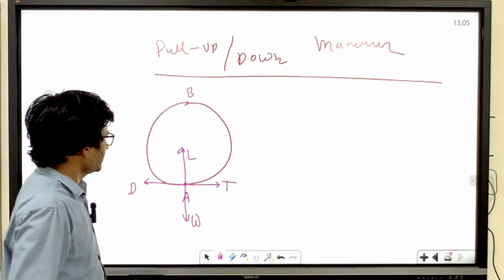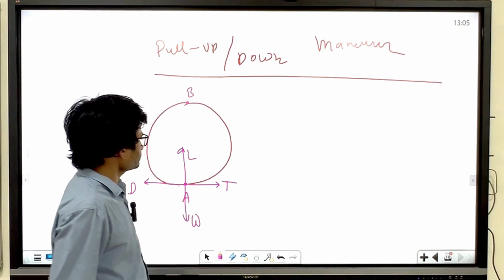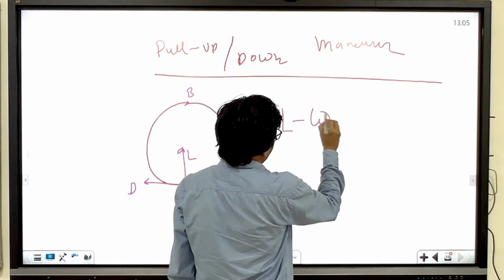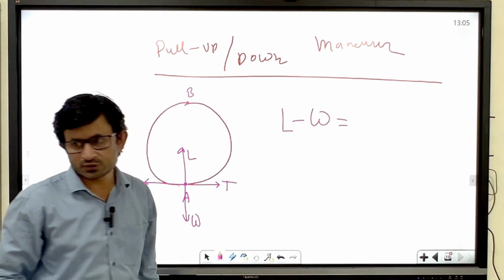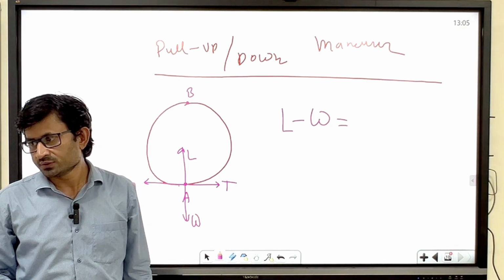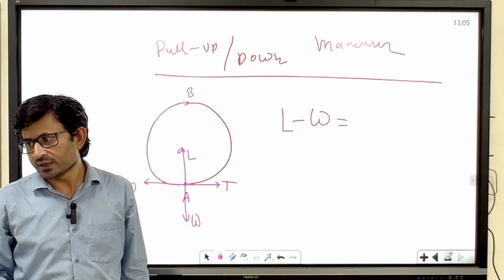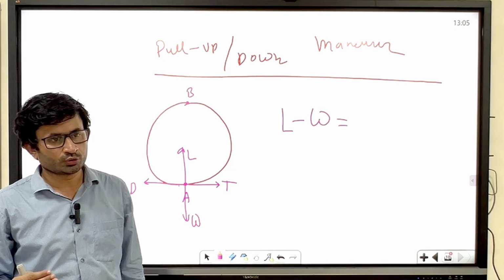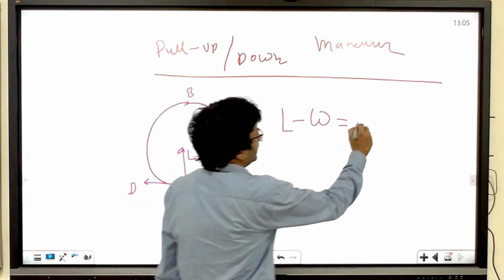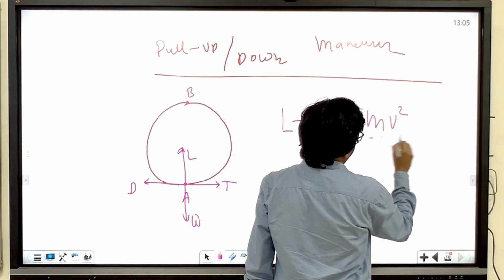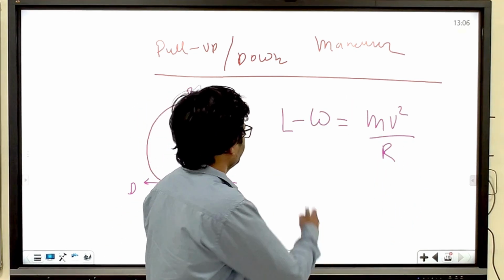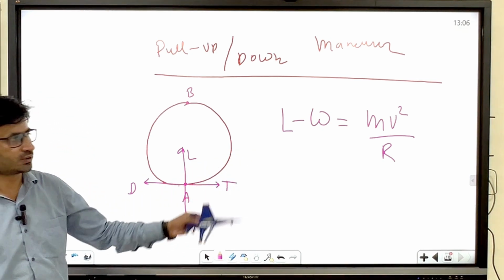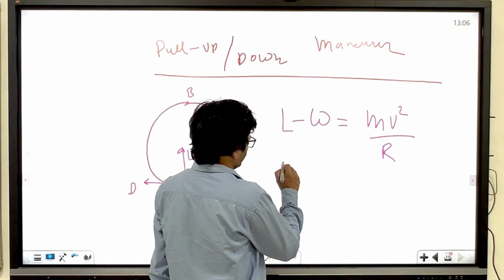So in this case, at a point A, you can write L minus W is a net force, and what is the net force? It's F equal to ma, right? So we will have an external force equal to rate of change of momentum. Here m v square by r. So L minus W equal to m v square by r is nothing but the equation of motion. So now you divide by W, what you will get?